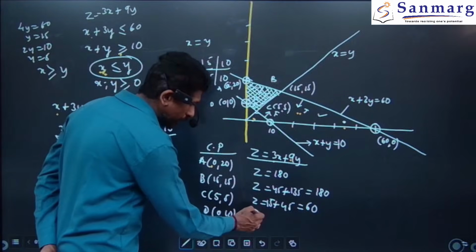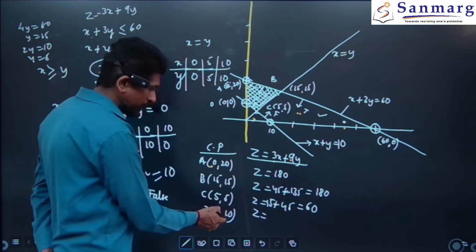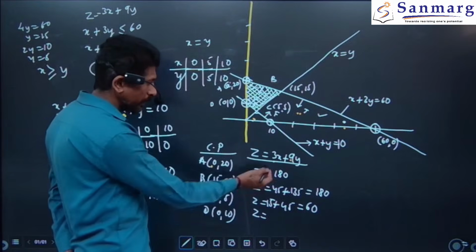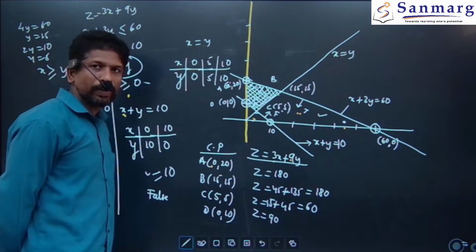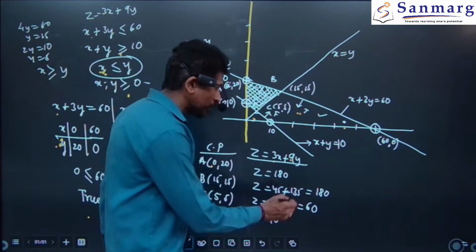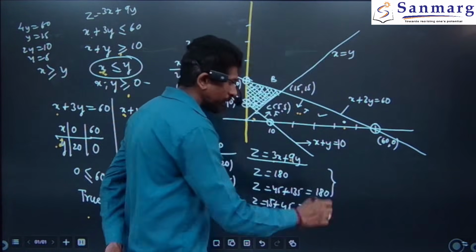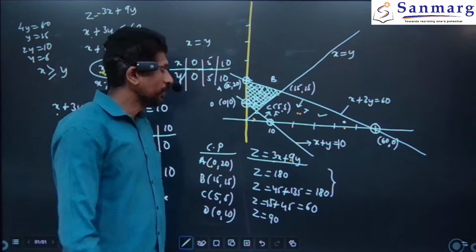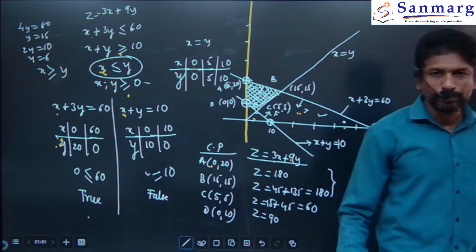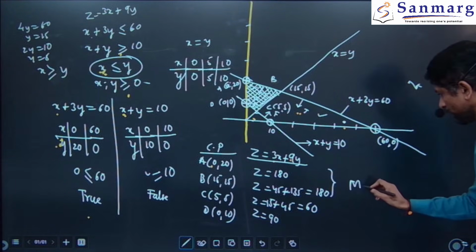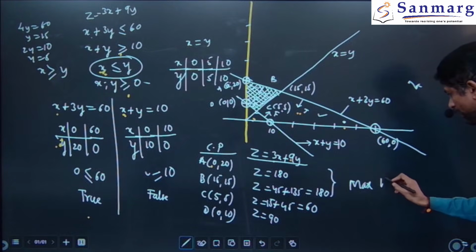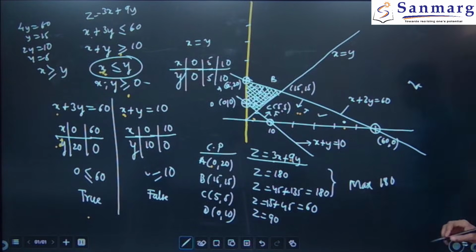Again the fourth value: Z is equal to, x is 0, y is 10 here. So 9 into 10 becomes 90. The fourth value is 90 here. So automatically these two have the maximum value. You have to write the maximum value now. The maximum value is 180, but you have to mention the corner points.